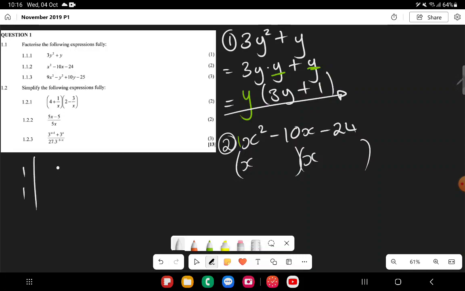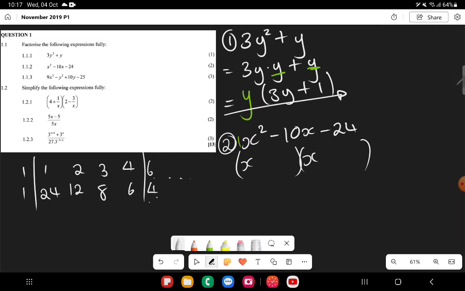And then the factors of 24 is 1 times 24, 2 times 12, 3 times 8, I think, and 4 times 6. Then we have 6 times 4. And at this point, I'm going to stop because 1 and 1 means it doesn't matter which order I put it in, they're going to be identical.